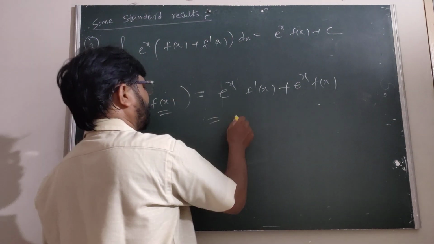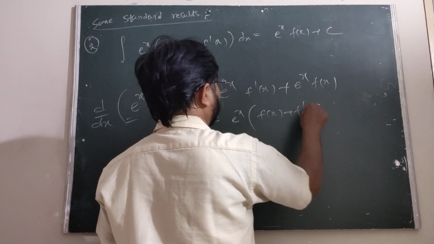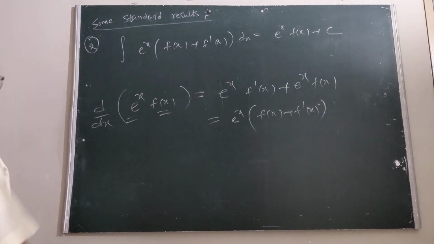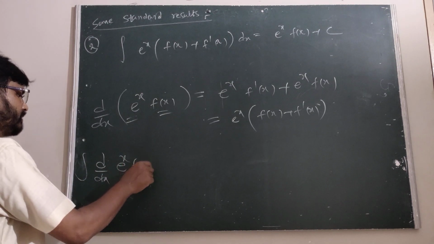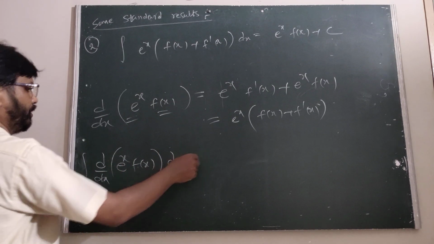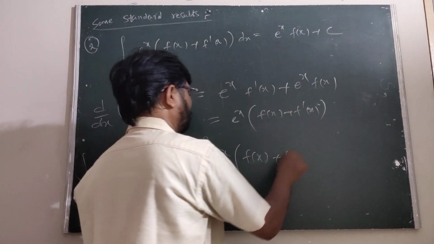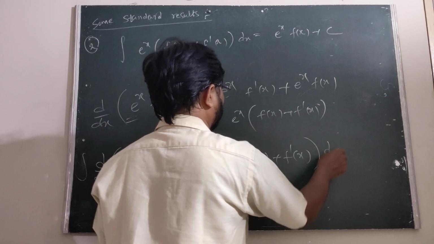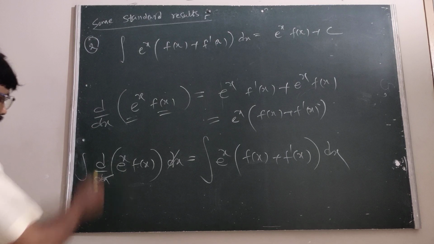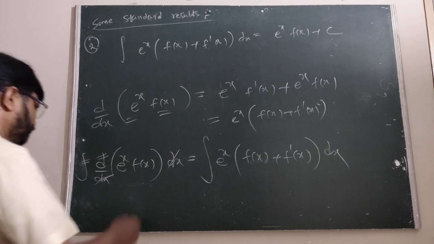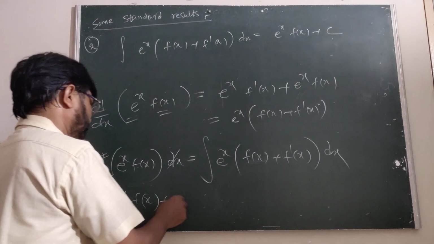Taking e power x as common, we get e power x into f of x plus f dash of x. Now we can apply the integral on both sides. The integral of d by dx of e power x f of x into dx equals the integral of e power x into f of x plus f dash of x into dx. Therefore, the derivative and integral cancel, giving e power x f of x plus c.